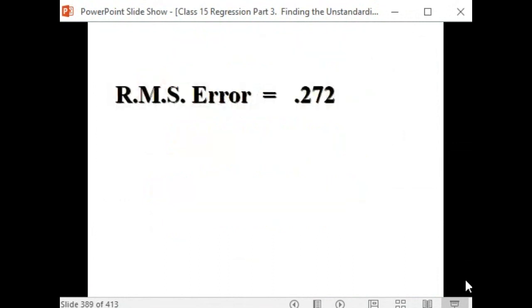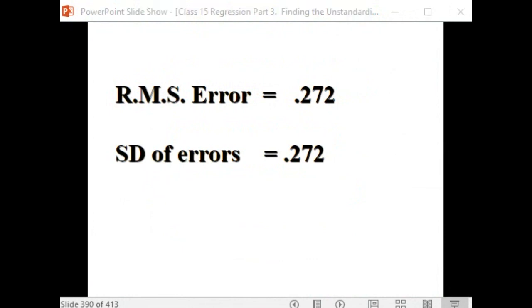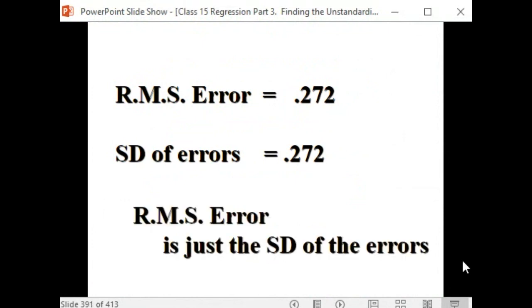And this gives you the root mean squared error of the prediction, which is 0.272 for these 700 students. But this is exactly the standard deviation of the errors if you calculated it that way. Because the root mean squared error of the prediction is just the standard deviation of the errors. They're the same thing.